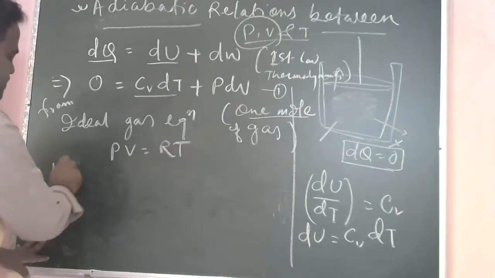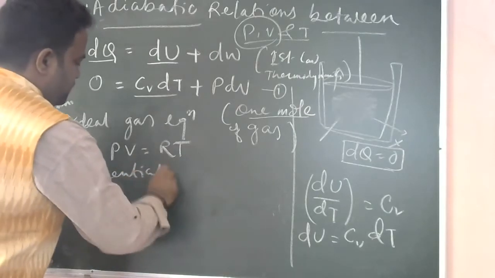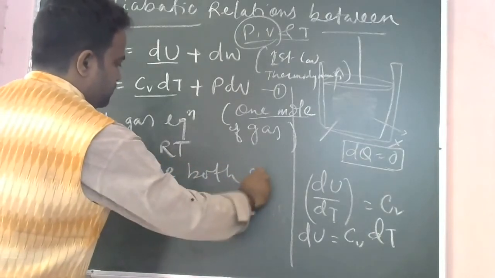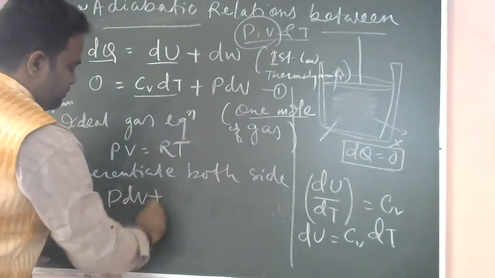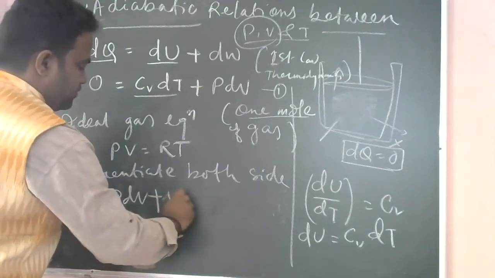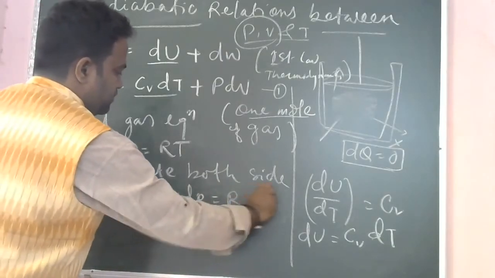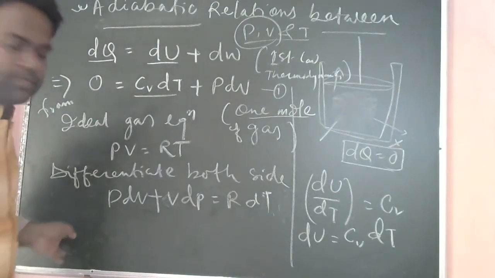Now if I differentiate both sides, then I will get P dV plus V dP equal to R dT.